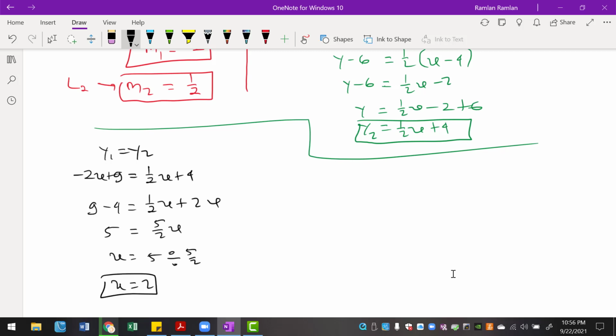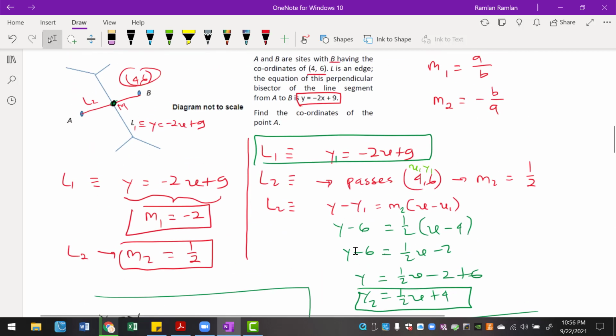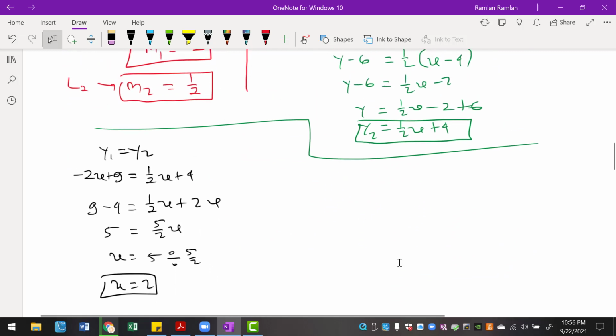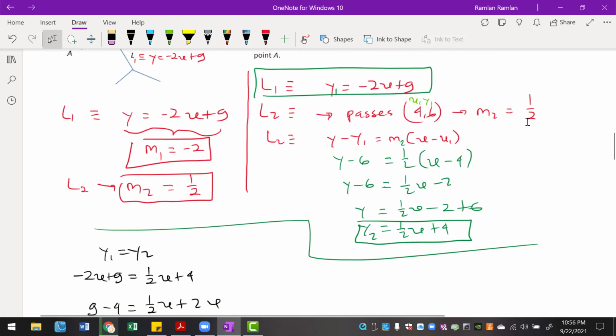Okay, so after I have the value of x, because we know that we need a coordinate which should have an x value and also a y value, in order to find out the value of y, you can choose one of the equations. It's up to you. You can use this one or you can use this one. Why? Because for both lines, we have that certain point in which the value of x and y is the same.